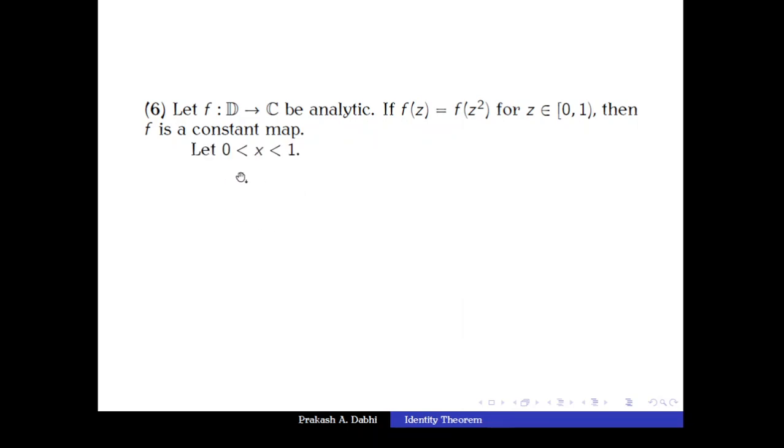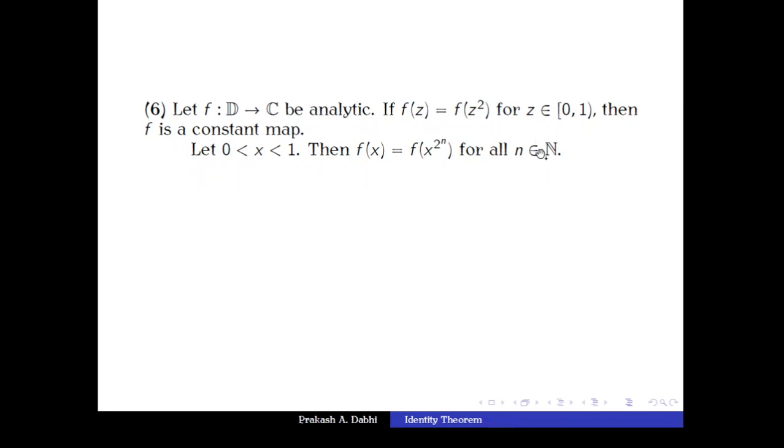So we start with any x which is between 0 and 1. Then one can see that f of x is the same as f of x squared, but f of x squared is the same as f of x squared squared, which is the same as f of x squared squared squared.